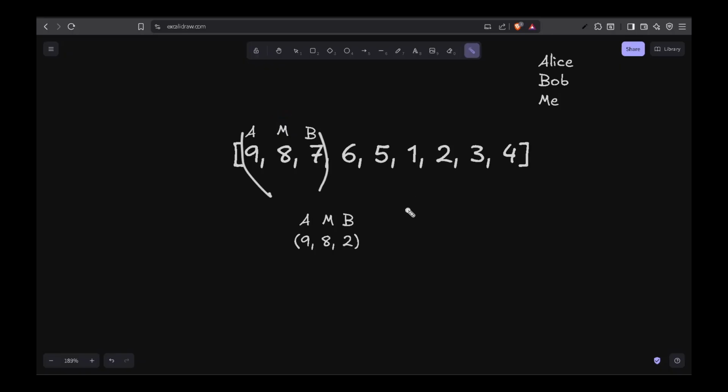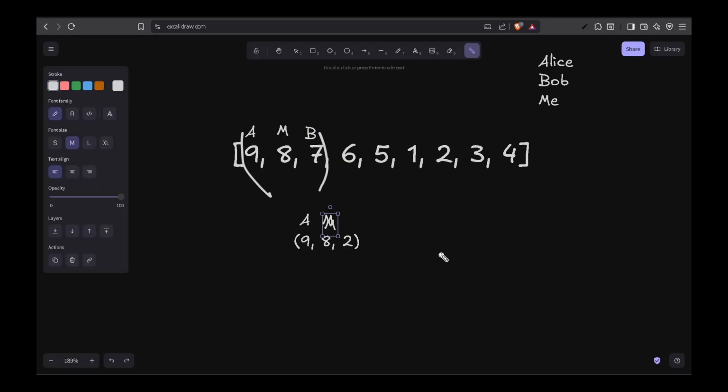Because if we had chosen this pile, Bob would have taken 7, and in the near future when we move forward in the question, there would have been no chance of me getting 7. I'll show you this more clearly.